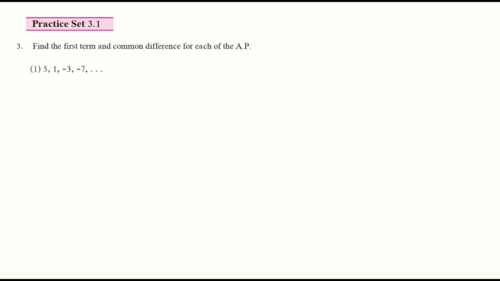Moving on to the next question, question number 3, and in that we have the first question. Question number 3 is: find the first term, that is T1, and the common difference, that is D, for each of the following APs. It is already given that what is below the question is an AP, and here we need to find T1 and D. So let us find that now.